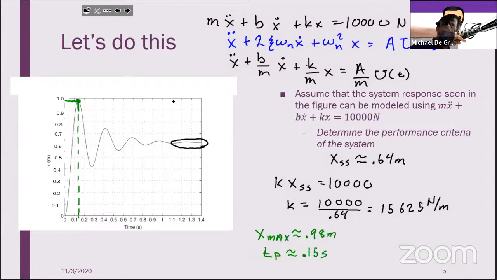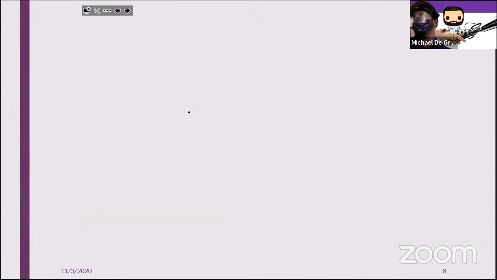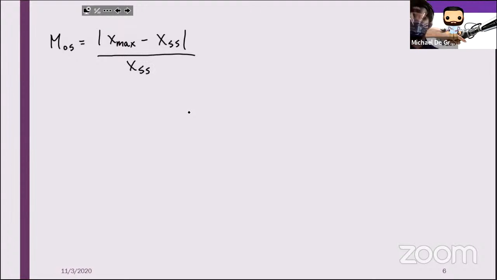So let's start off with maximum overshoot. Remember what maximum overshoot is. We have two equations for maximum overshoot. Maximum overshoot is the absolute value of my maximum minus my steady state, divided by steady state. I'm trying to determine the total amount beyond steady state that I've gone, as a percentage.